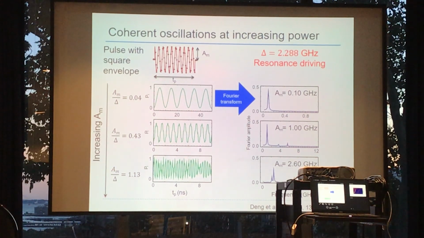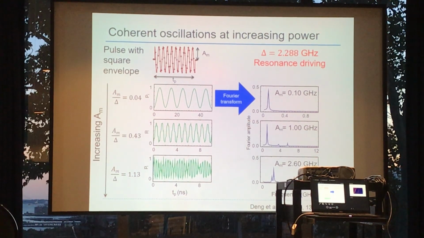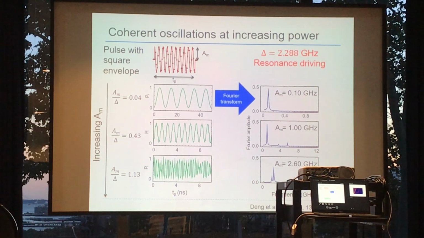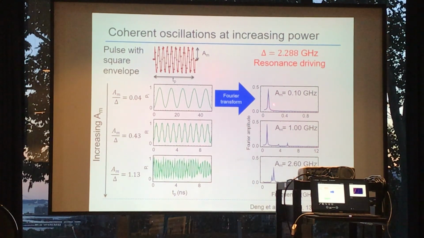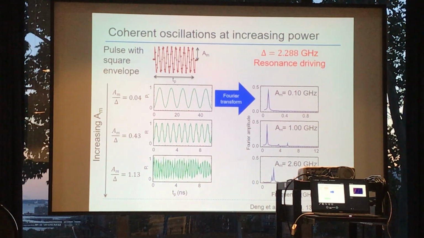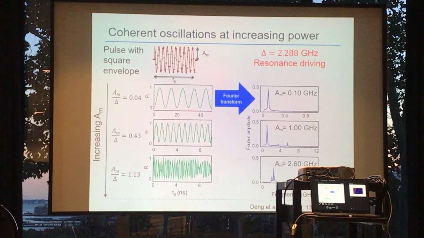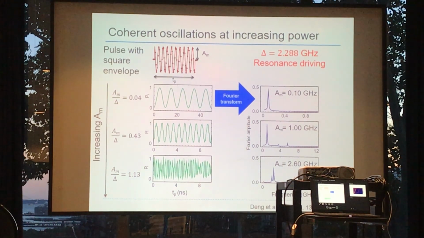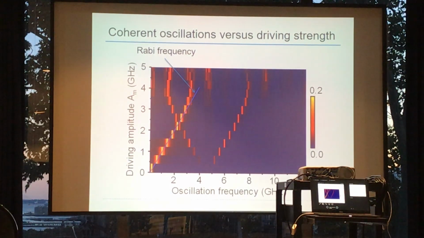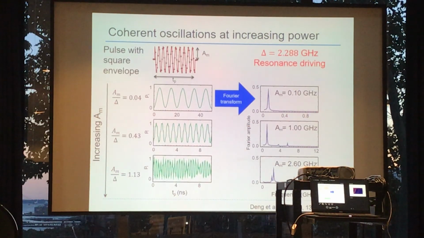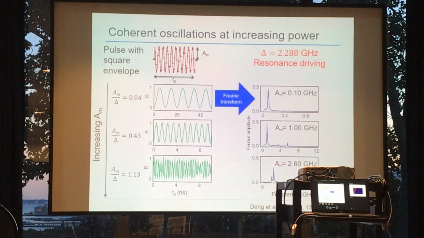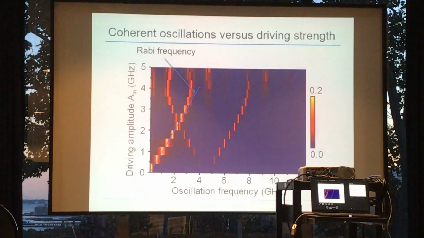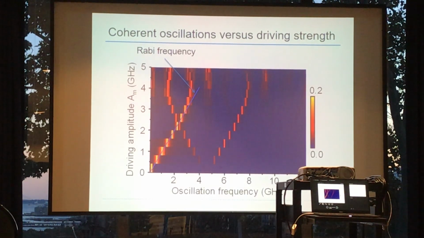And you can see this by taking a Fourier transform of this probability of the qubit as a function of time, which shows a single peak for the low driving regime, and then a couple of peaks as you go higher and higher in amplitude. And if we take oscillations like this and show the Fourier spectrum as a function of this driving amplitude, we get a color plot that looks like this.